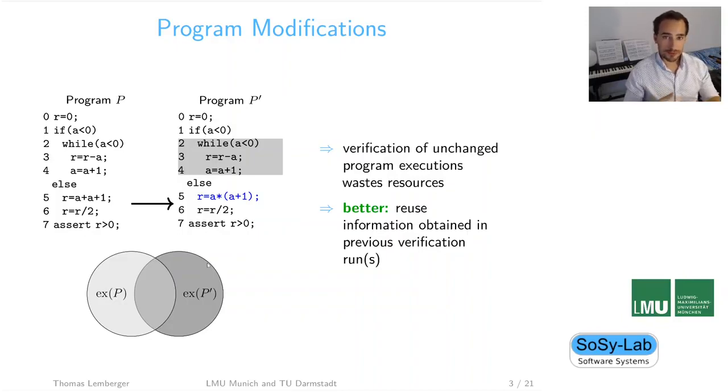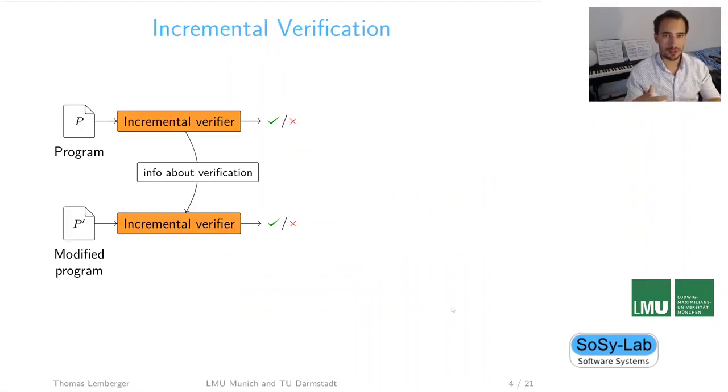So even if the verification task is fast enough to do continuous integration, it is better to just reuse information that was obtained in a previous verification run to speed up later verification runs. And this concept is called incremental verification. It's already been around for quite some time, and there are some great techniques that tackle this challenge.